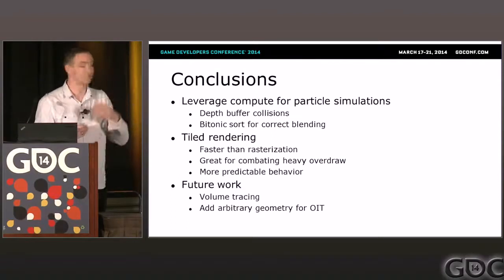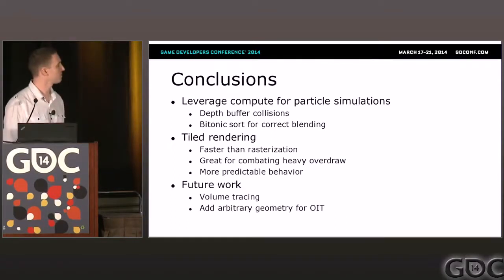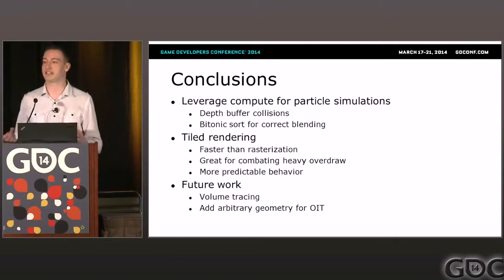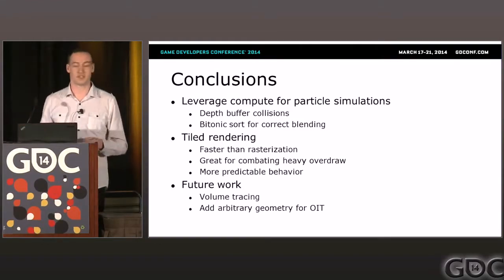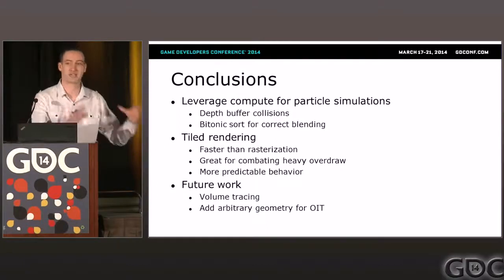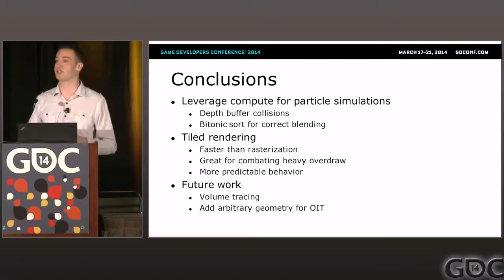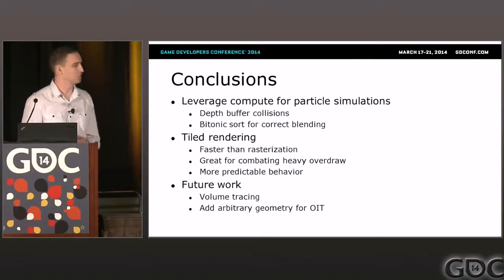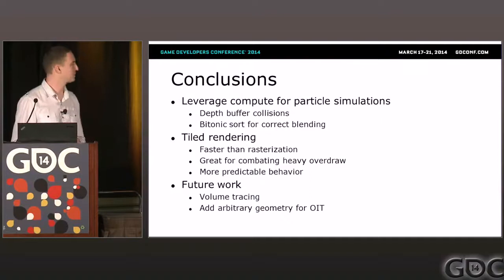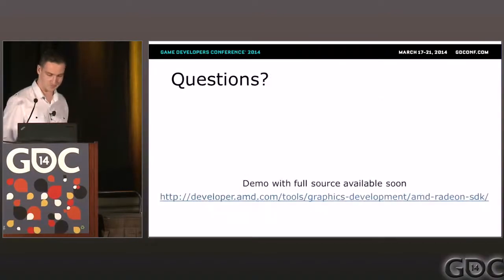Perhaps we can do some interesting volume tracing through those. I'd also quite like the idea of adding your semi-transparent geometry into this as well. So you're not just compositing your particles back onto the opaque scene, but perhaps also the correctly sorted alpha blended geometry as well. So lots of possibilities here, and quite exciting opportunities, I think.